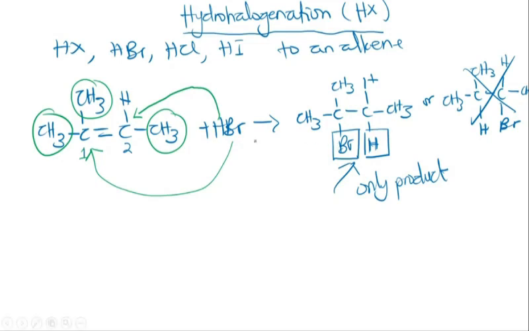Now let's look at the mechanism of this reaction to appreciate what actually happens. So let's have our CH3, C bonded to another CH3, then the double bond, CH, then CH3, and then we are adding our hydrogen bromide to it. In the first step of this reaction, we have the protonation of the double bond to form a more stable carbocation.